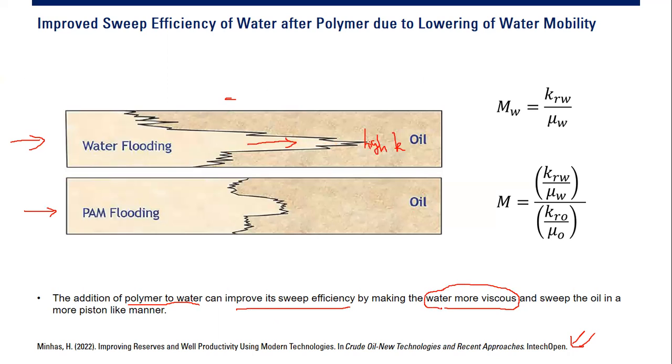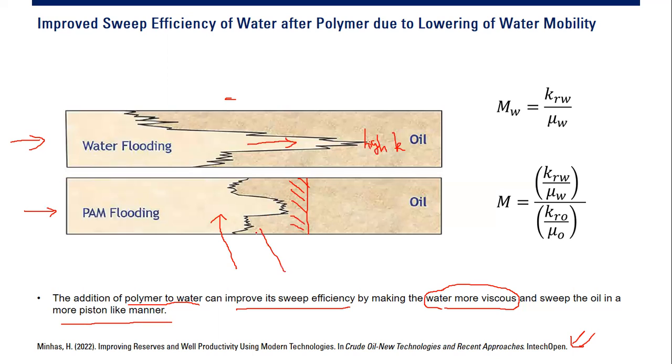So by making the water more viscous, we expect the sweep, the displacement, to be more piston-like. So as you can see here, it becomes more piston-like. Of course, the perfect piston will be a flat front like this. But that's impossible in the real world.